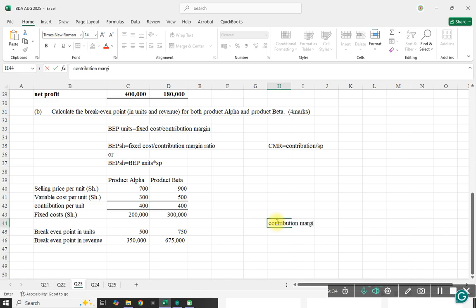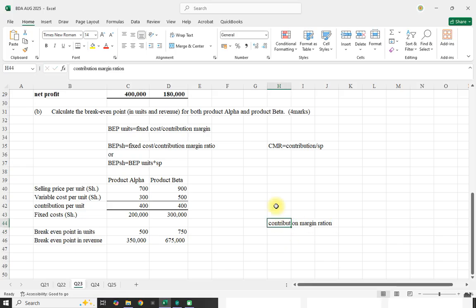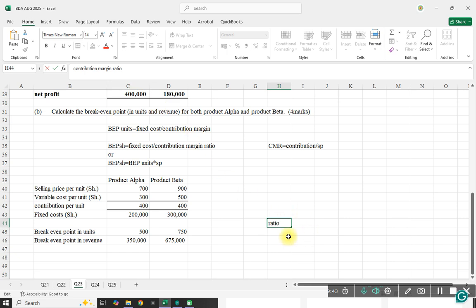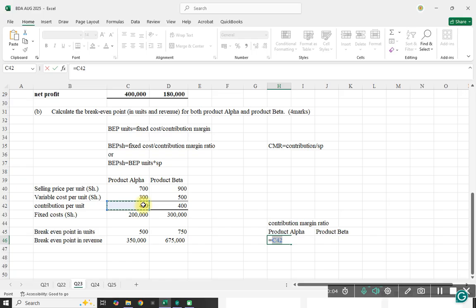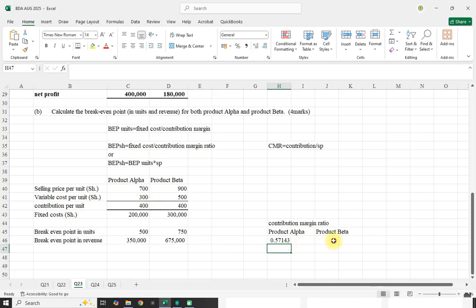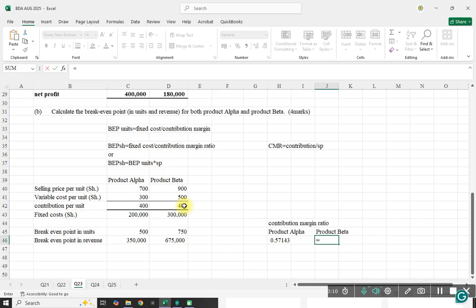If you are to find the contribution margin ratio for the two products, alpha and beta, you'll find that here we have this contribution over the selling price, which is 700, and here this is 400 over the selling price. Both of them have the same contribution, divided by this, that way.